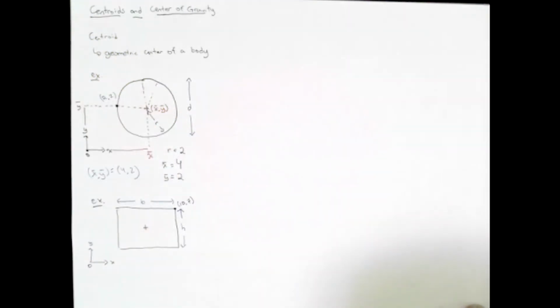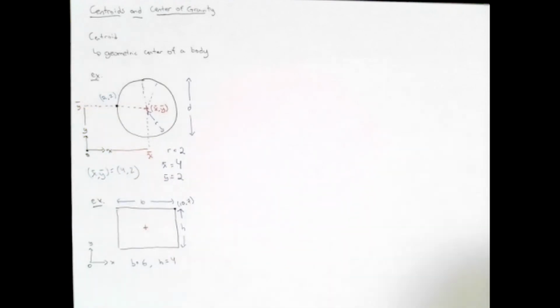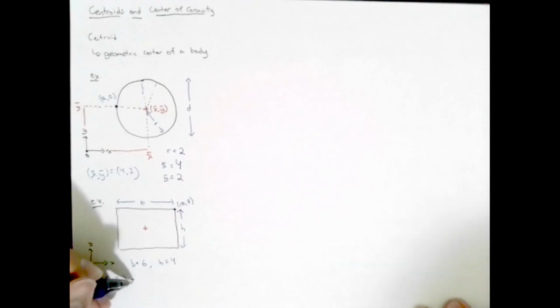Let's just say the coordinates are 10 in the x direction, and 7 in the y direction. Furthermore, let's add that this particular rectangle has dimensions of 6 for base and 4 for height. So my question would be, what would the coordinates of the centroid of this rectangle be?